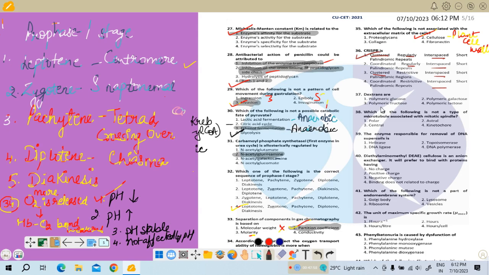Dextrans are polymeric glucose. Next 38, which of the following is not a type of microtubule associated with mitotic spindle? So here we have three, one sec.